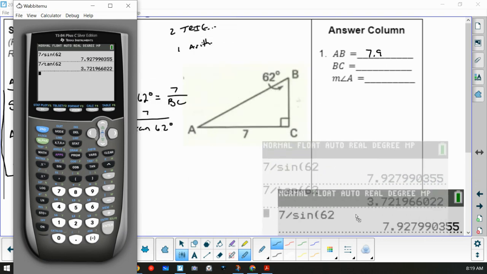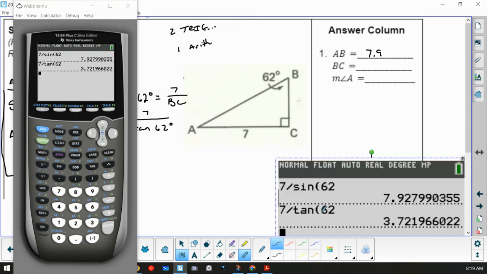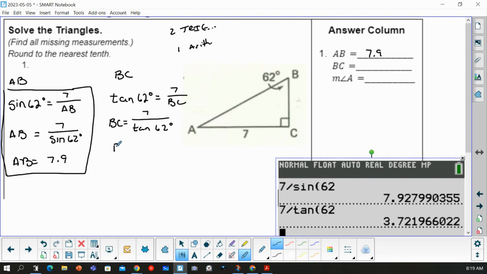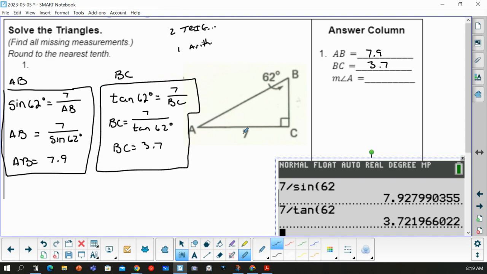So BC equals 3.7. I'll put it over here as well. So now we've got the 2 sides that we were missing, which means we have all of our sides now found. The 2 sides that were missing required trigonometry to find.